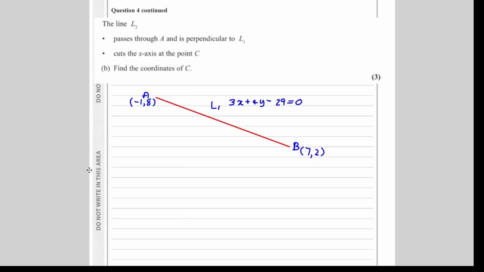It cuts the x-axis at the point C. Find the coordinates of C. So there is another line L2 which passes through the point A and it cuts the x-axis at point C. If you draw that line, it passes through this point A and it cuts the x-axis somewhere here. Let's label this one as C.